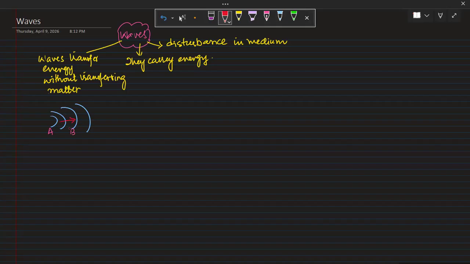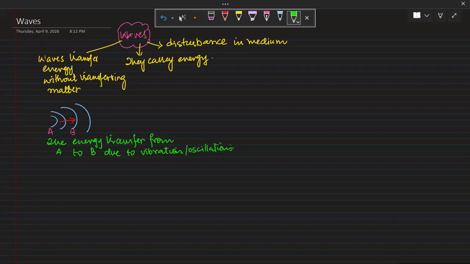Yes. The energy transfer from A to B is due to vibrations, or we call them oscillations, right? So waves are of two types.